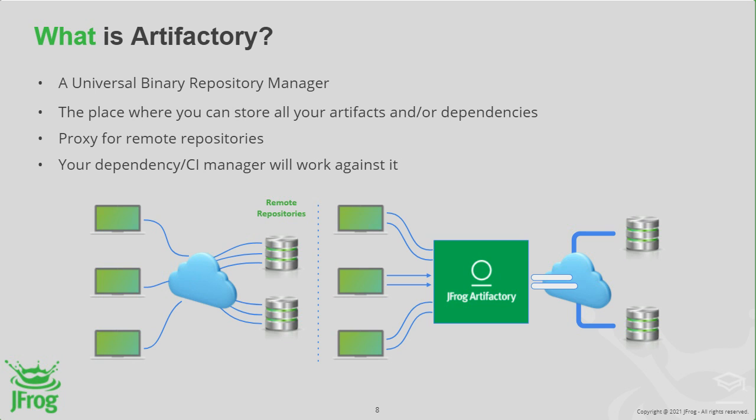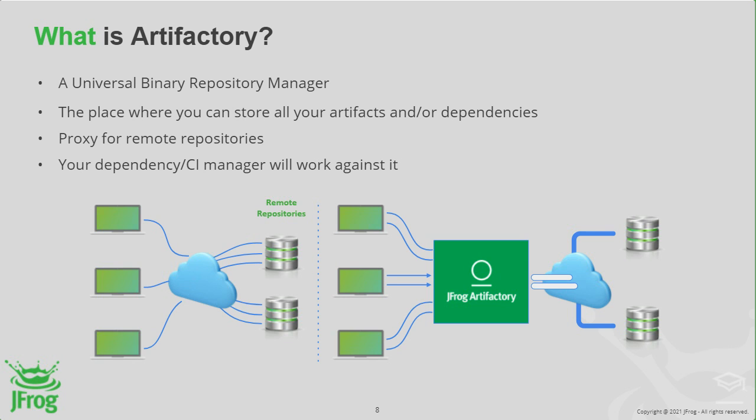So for example, if we have an NPM application, a JavaScript application that we are building with NPM, and we are fetching public dependencies from remote repositories, then those dependencies are cached locally, so that when our CI process, for example, starts running, it will already have the dependencies locally cached on Artifactory, faster to retrieve.